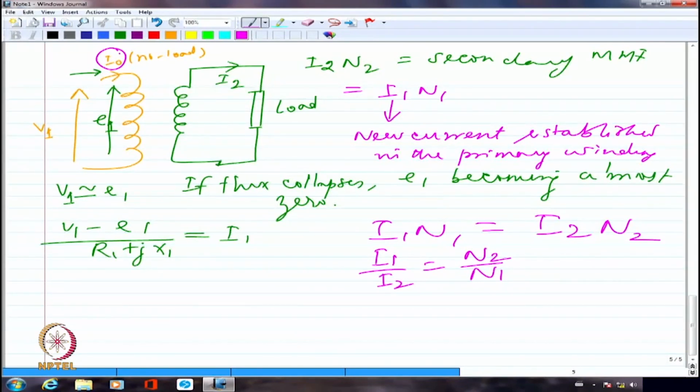It is bouncing back, and it will circulate such a current that it will nullify whatever new opposition it has faced from the secondary side. Only then will it return to the original condition. So I have to have I1 N1 as the MMF which will oppose I2 N2. Both have to be equal but opposite. Only then will I come back to the original status.